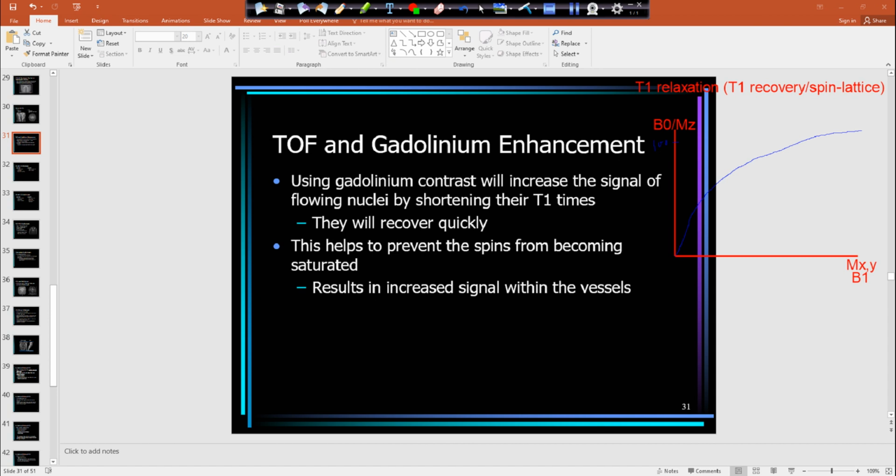And remember, our tissue is considered recovered at what percent? 63. And then we're usually governed with T1 by TR. T2 is TE.